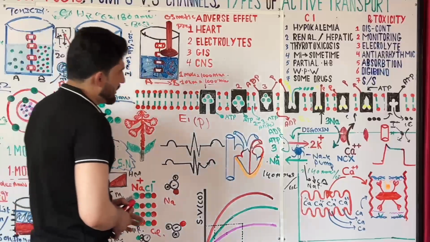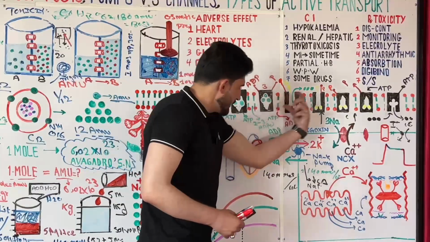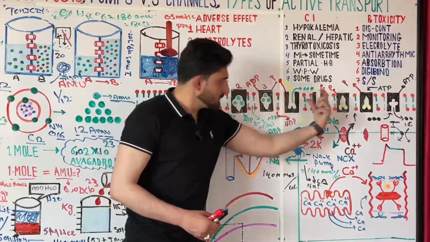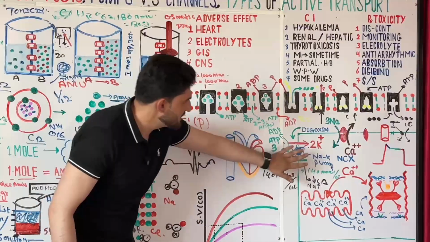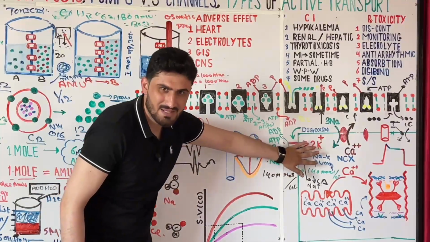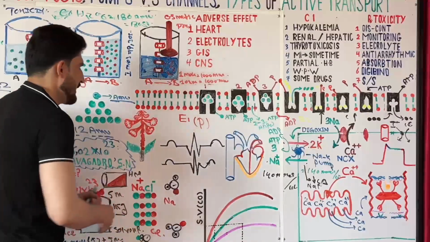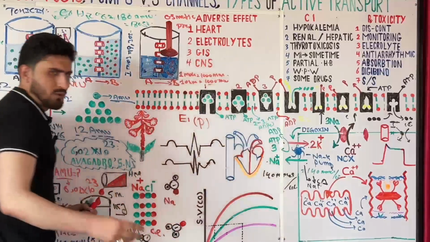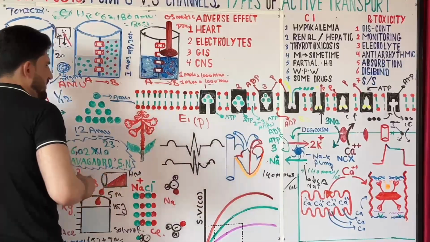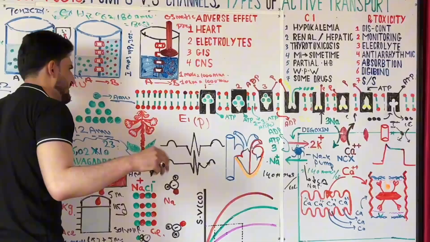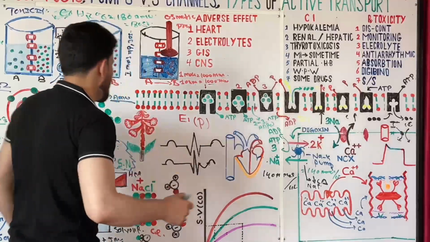Okay, now let me talk about the mechanism of working of this pump, because this is not so simple. It's so complex. This pump is made of 3 domains. It's actually made of 2 domains, but in some cells it's made of 3 domains.